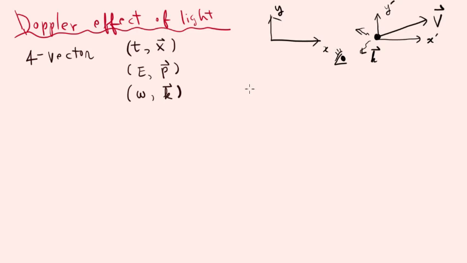Okay, so the Lorentz transformation that is relevant in this discussion turns out to be just one equation, and that equation is the transformation from t to t prime. So let's write it. t prime equals gamma (t minus v dot x vector).